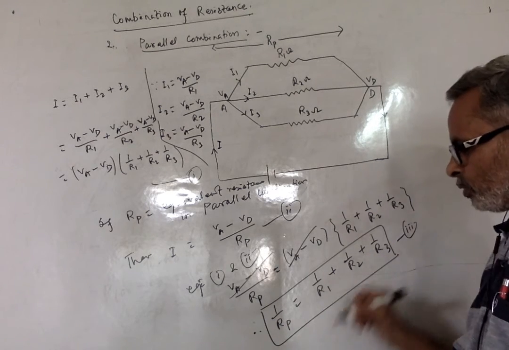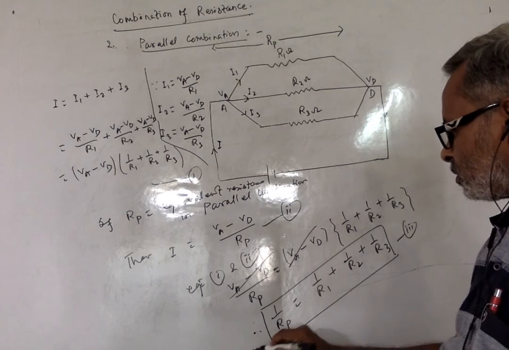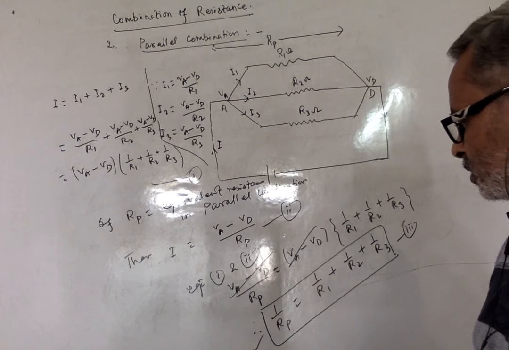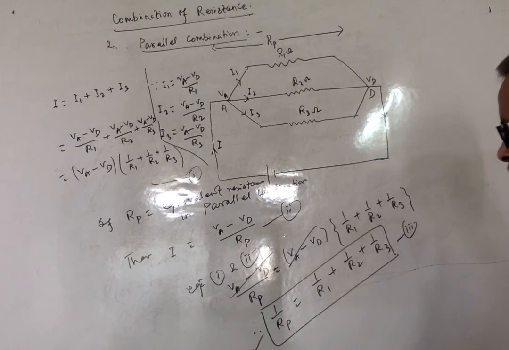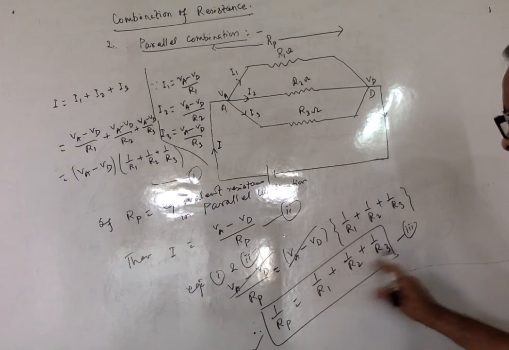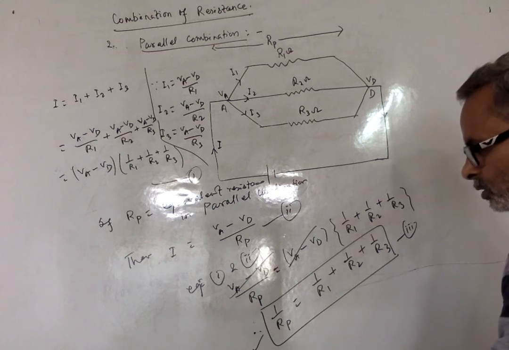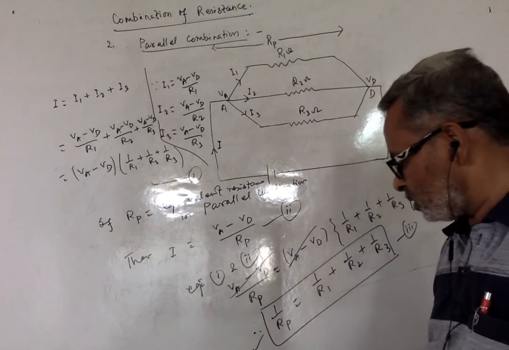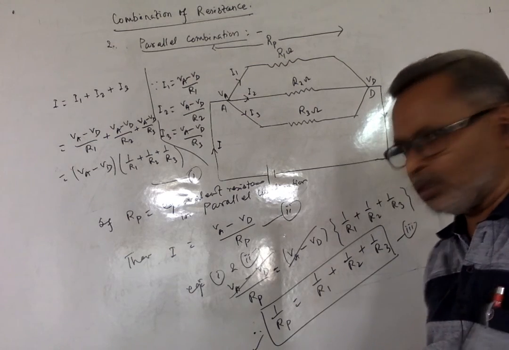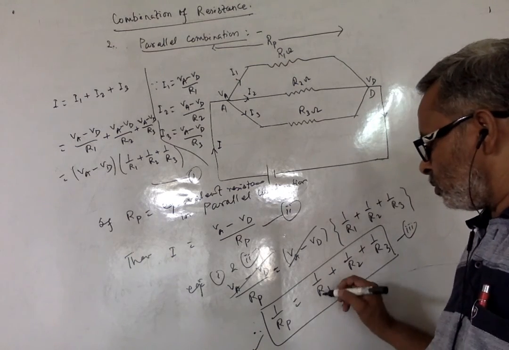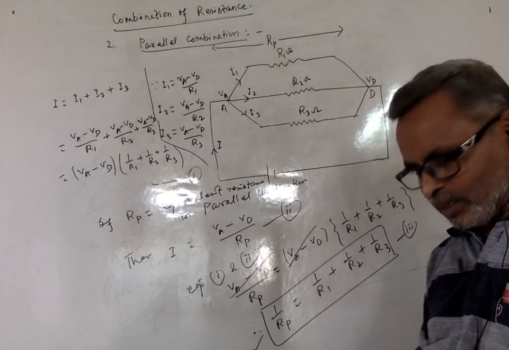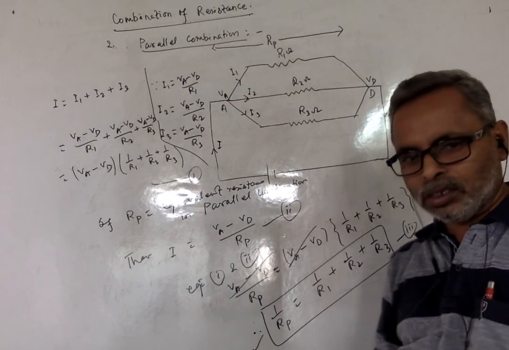This is the formula for parallel combination of resistors. That is, the reciprocal of equivalent resistance in parallel combination is equal to sum of reciprocals of the individual resistances.